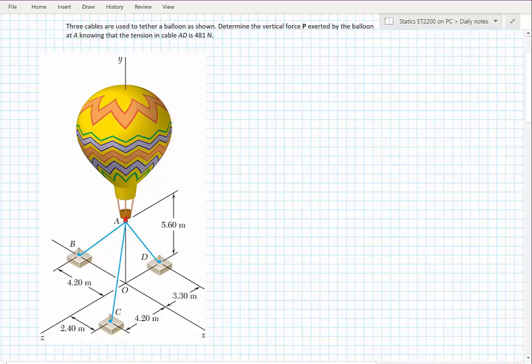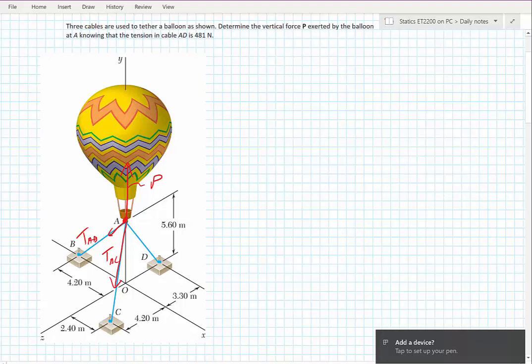If I were to look at a free body diagram of this, what we're saying is there's a force that the balloon is pulling up, which we are calling P. If you can really see that in there, it's kind of hidden. And then anytime I have a cable, my tension is going to be right along the cable. So this would be my tension of cable AC. This would be my tension of cable AB.